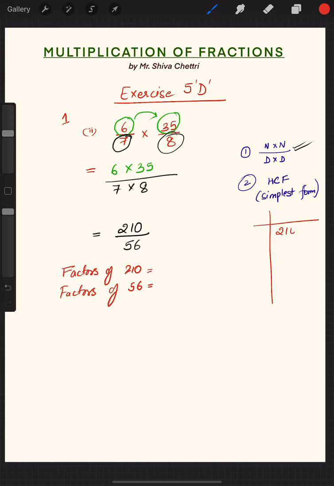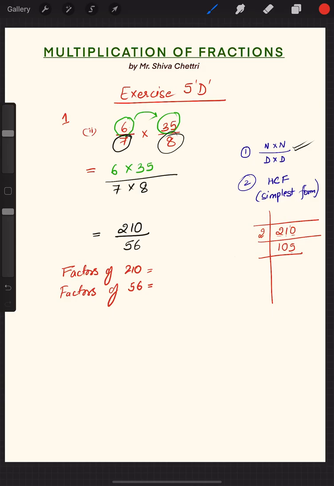So 210. In the unit place there is an even number, so I can divide it by 2. 2 ones are 2, 2 cannot divide 1, so I'll put 0. This 1 gets over here. 2 5s are 10.